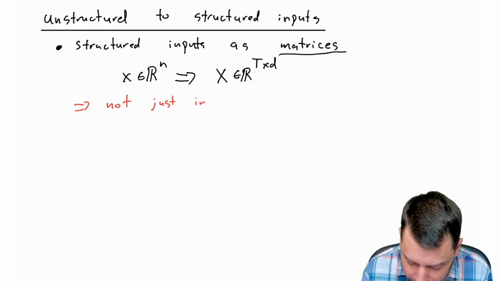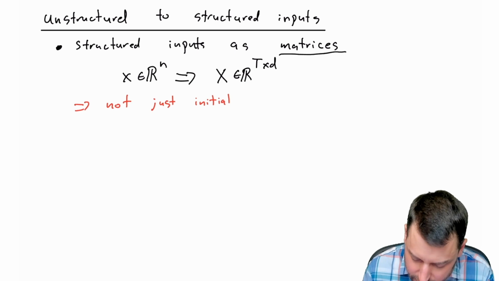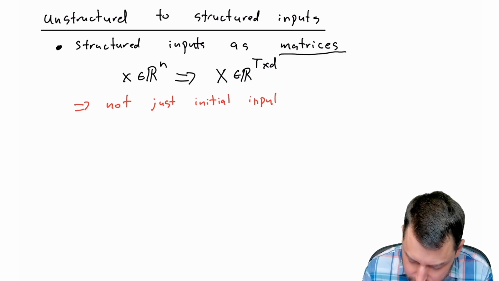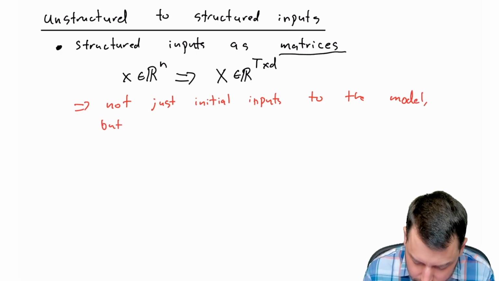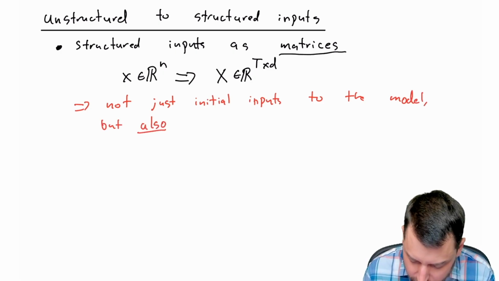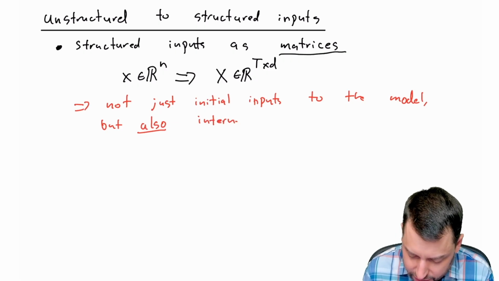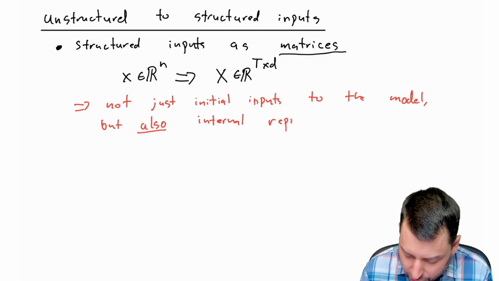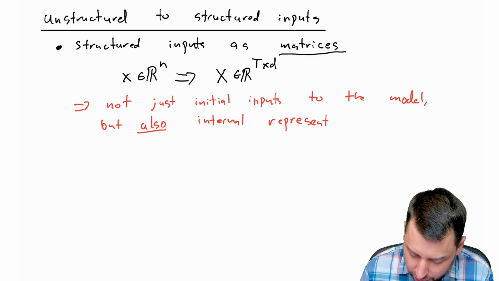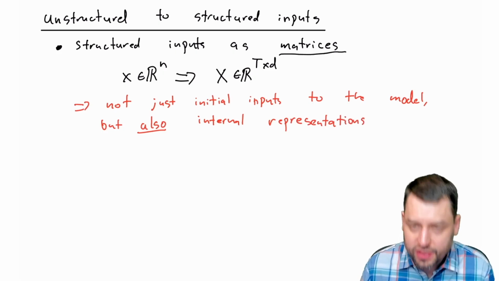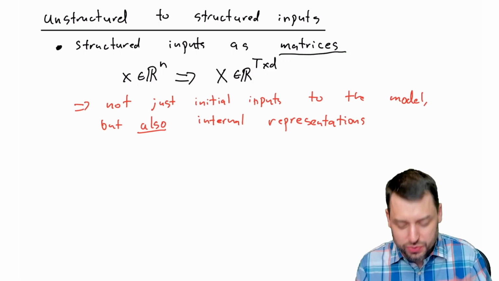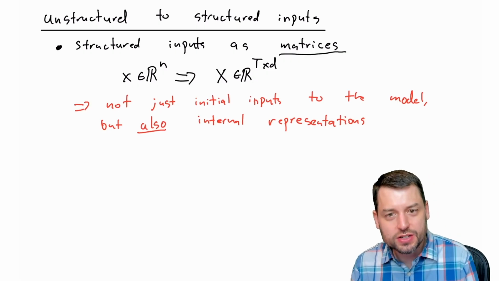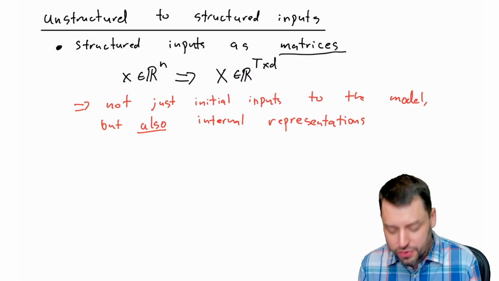I also want to emphasize that this is not just the initial inputs to the model, but also internal representations. Remember, in a neural network, we referred to the internal hidden layers or activations as representations, or internal terms we compute in the neural network.